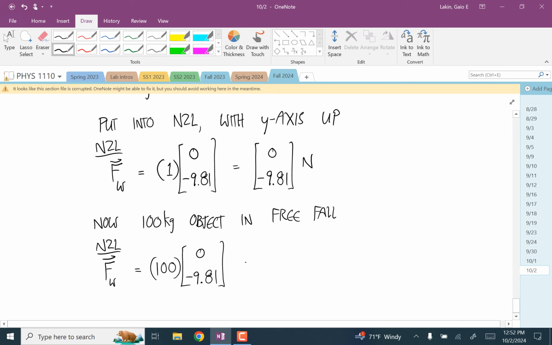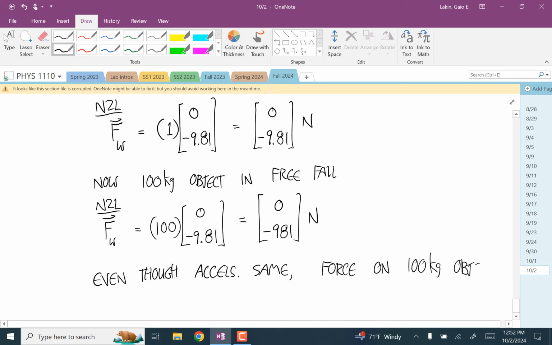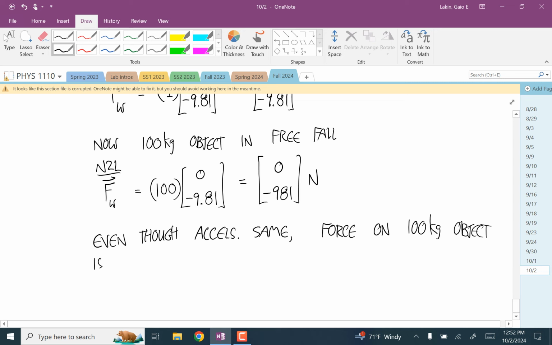And this time we get a weight force that's equal to 0, negative 981 newtons. So even though the accelerations are the same, the force on the 100 kilogram object is 100 times the force on the 1 kilogram object.